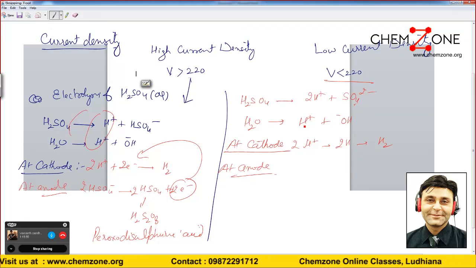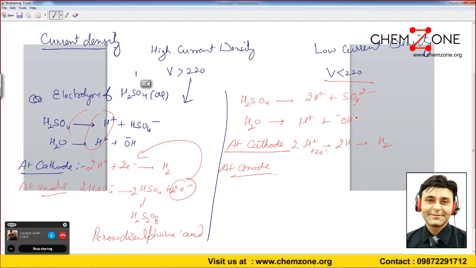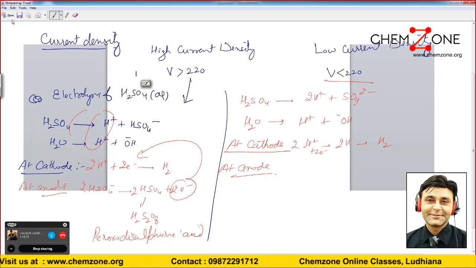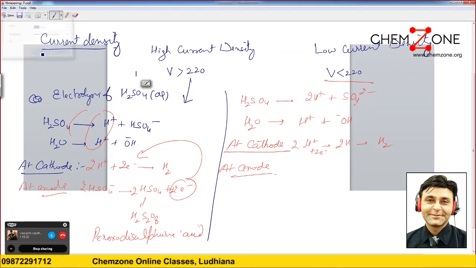At the cathode there are 2 H plus ions, and reduction takes place at the cathode. And at anode we have 2 ions, one is sulphate ion and the OH ion. Which will be discharged first? The OH ion.